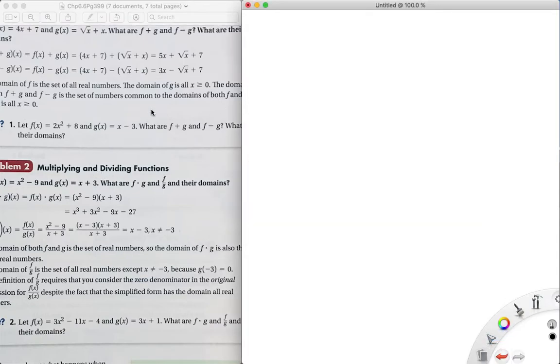Alright, so here they give us that f of x is equal to 2x squared plus 8, and g of x equals x minus 3.